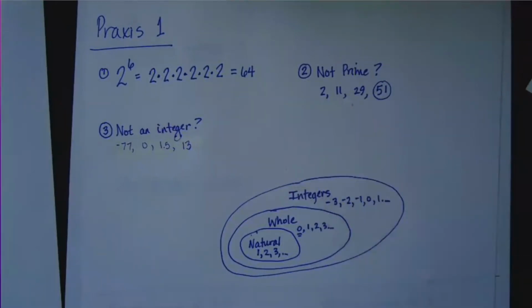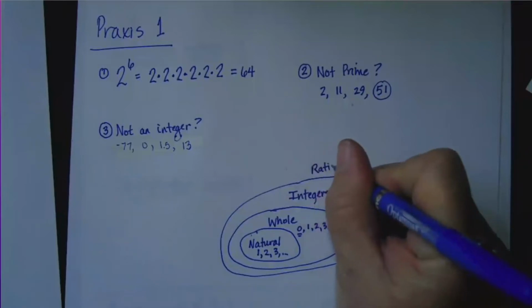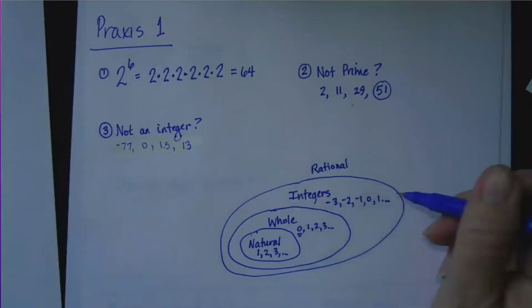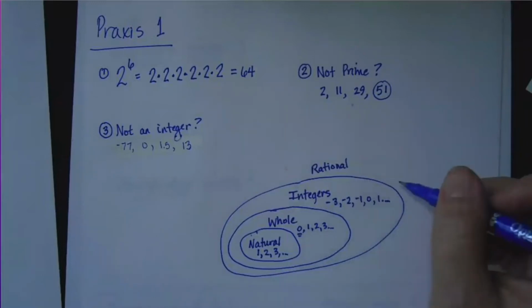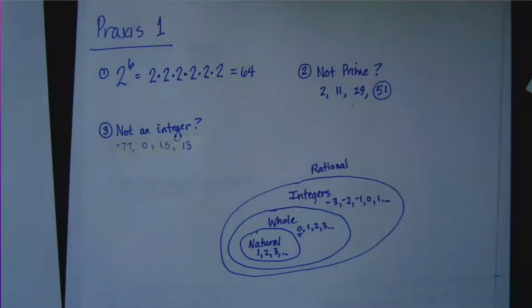After integers, we have rational numbers. I want to make sure you know these, because other questions could entail some of them. You need to know the definitions of all of these subsets. Rational numbers include, of course, all of the integers, positive, negative and 0, but now we also include fractional parts and numbers that can be written as a decimal, where the decimal is either repeating or terminating.